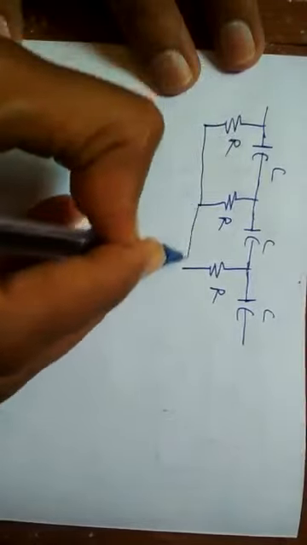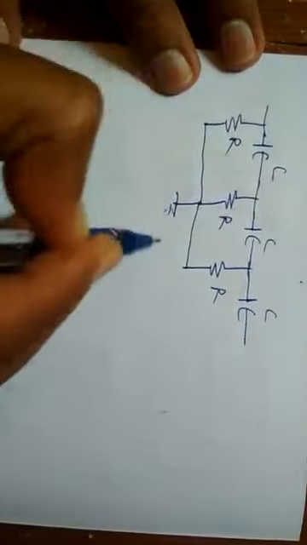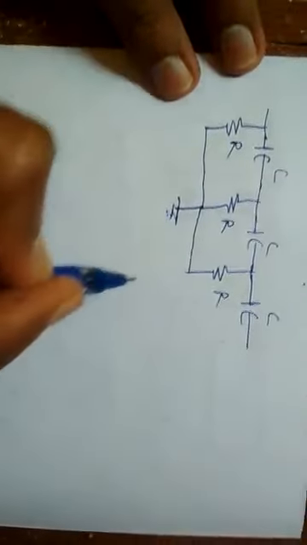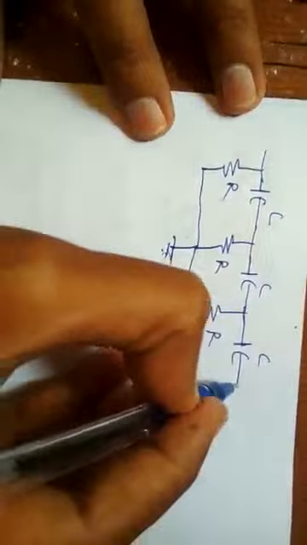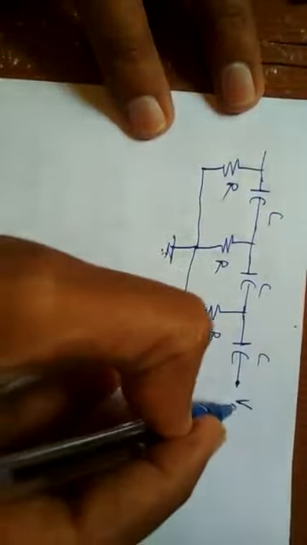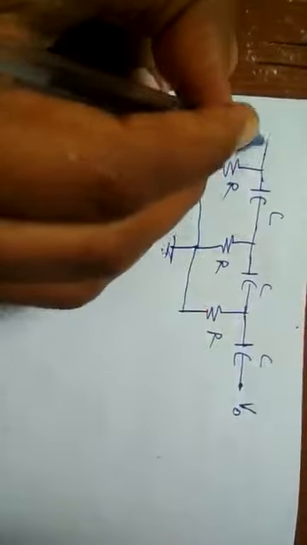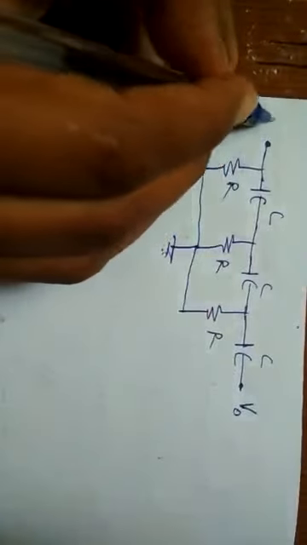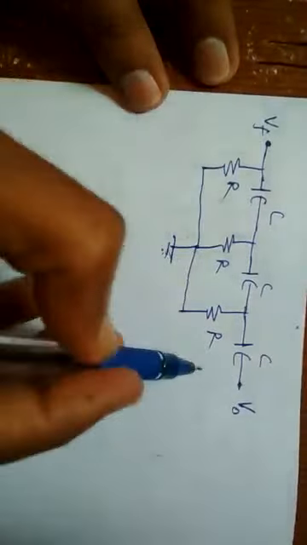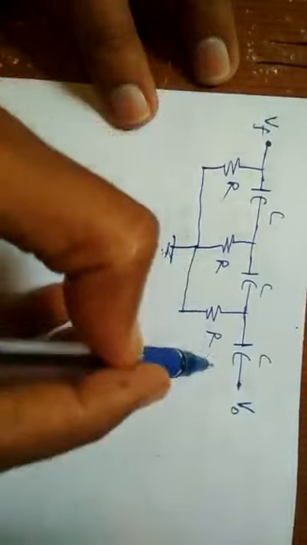All the R's are connected and it is grounded. Here the input to this feedback path is V out and the output of the feedback path is VF, and we have to consider the current flowing through this.